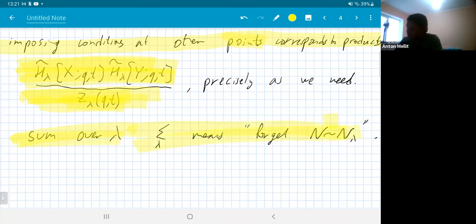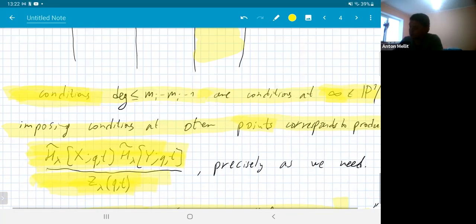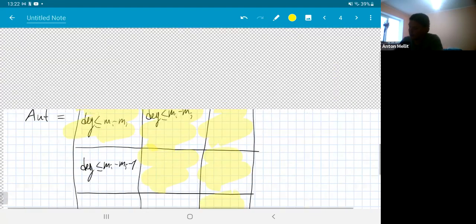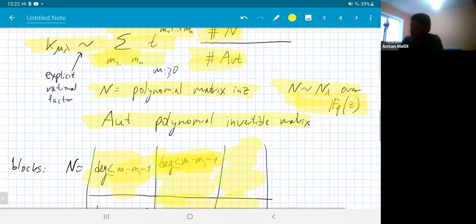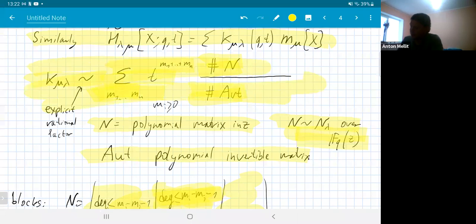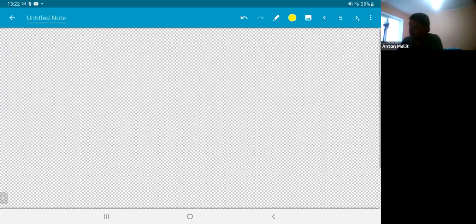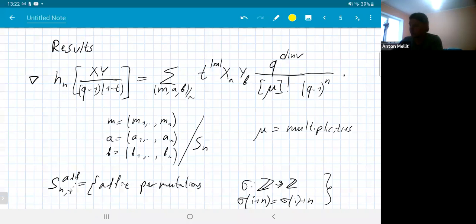Doing this summation with this n and m over all nilpotent matrices will give us the generating function that we need, that is for the Nabla of the Cauchy kernel.